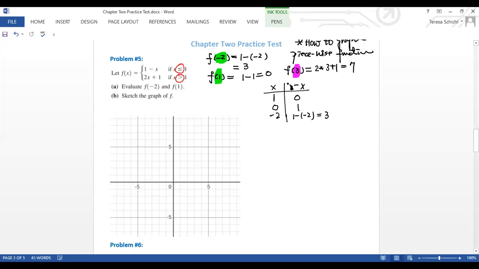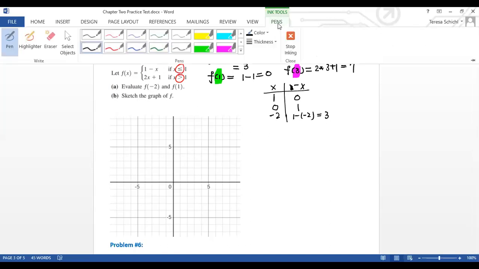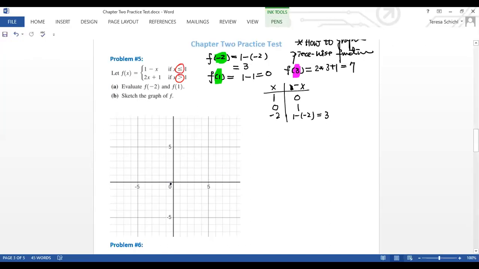Okay, so now let's try to graph these here, right? So x equal to 1, this is equal to 0. So is this a circle or a solid dot? It has to be a solid dot, right? Why? It's because we have an equal sign here, right?